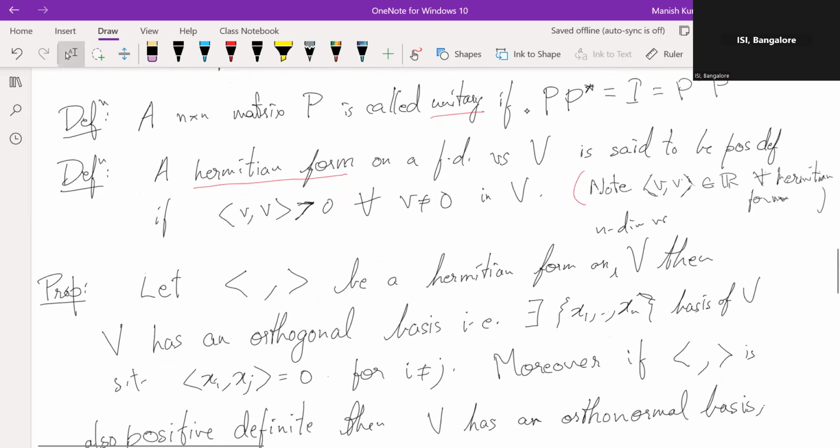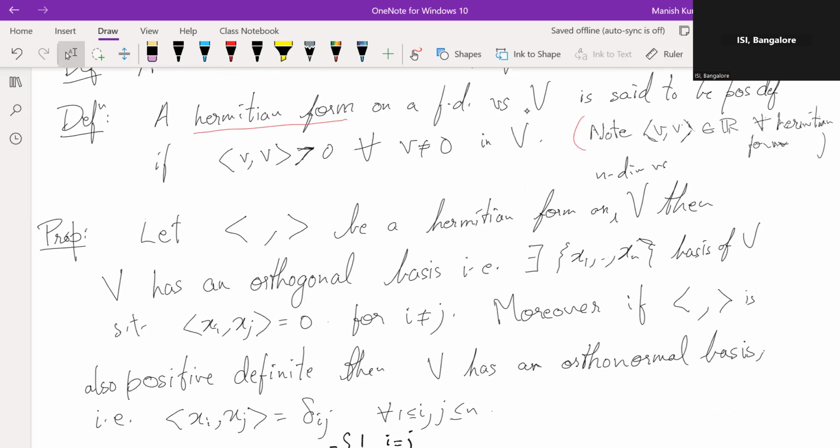Now, like in the real case, when we have a symmetric bilinear form, we showed that V has an orthogonal basis. And if the symmetric bilinear form is positive definite, then we can even ensure that it has an orthonormal basis. The same thing is true here. Given a Hermitian form on V, then V has an orthogonal basis.